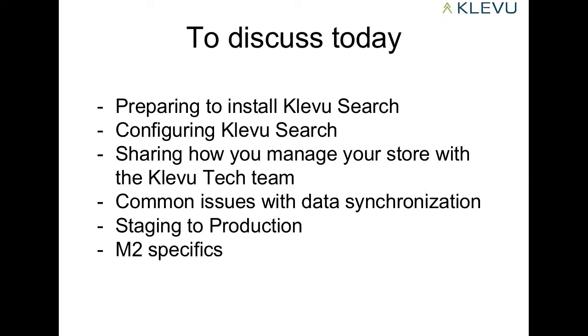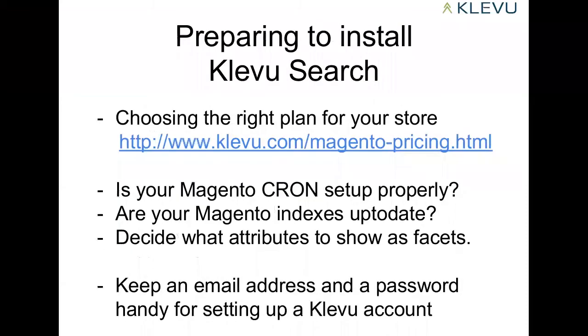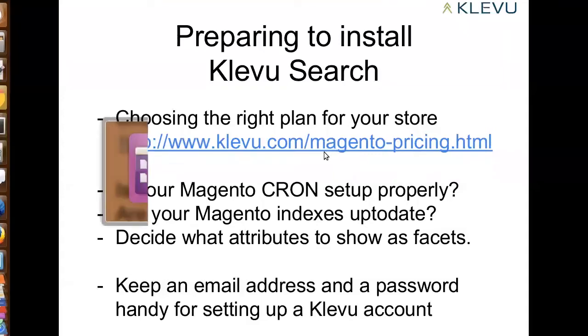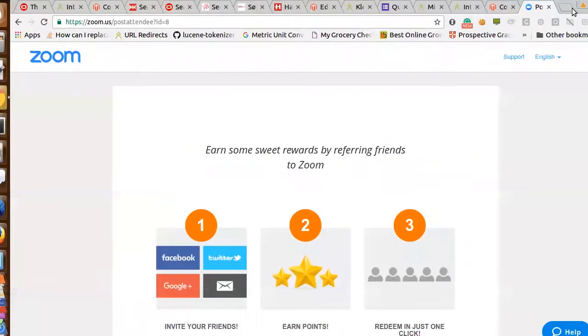Okay, so let's start with how do you prepare to install Klevu search. Klevu currently offers different plans. These plans are based on different features. You can visit our website to figure out the different plans.